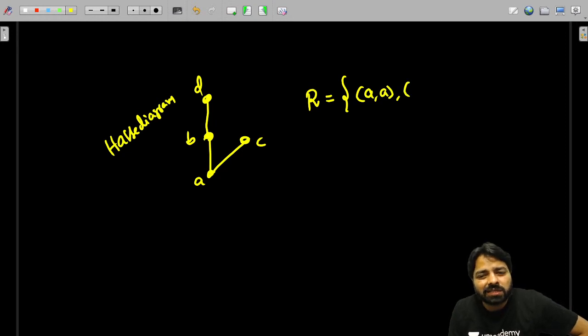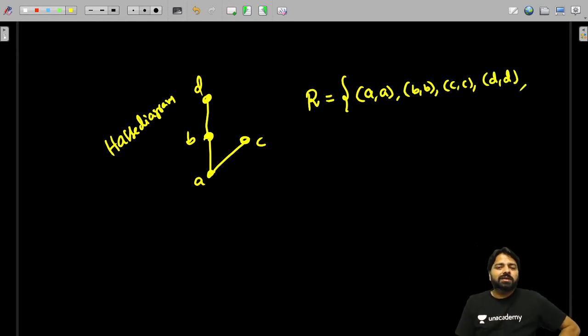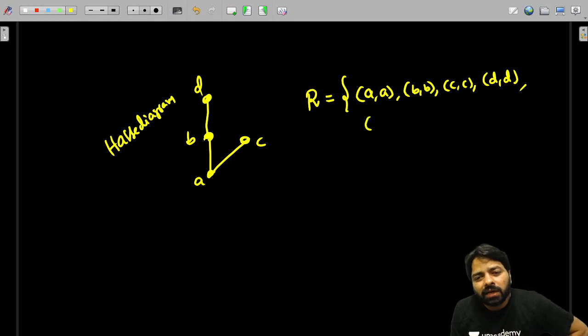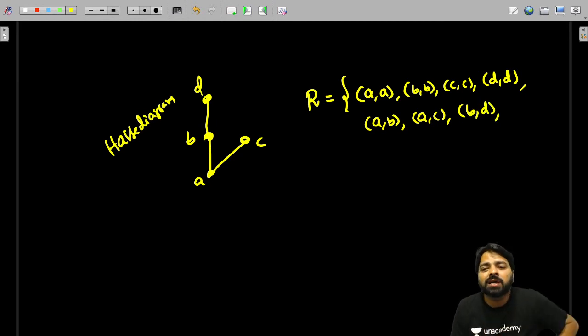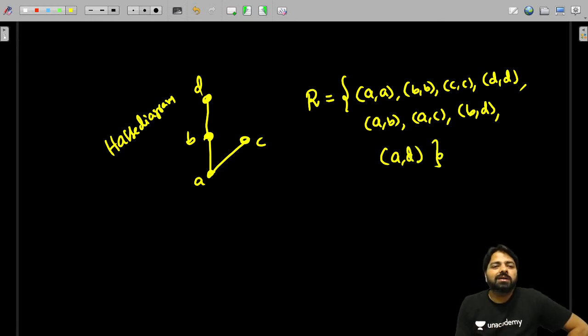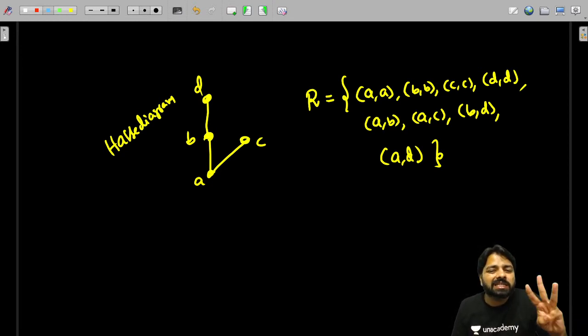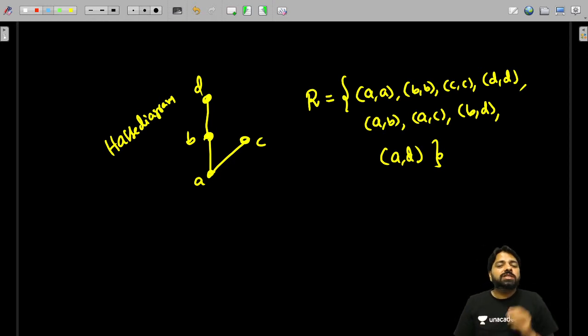All diagonal elements are there, no doubt about it, because every element is related to itself, but we don't draw any edge. That is trivial. And another one, A comma B you can see, A comma C you can see, B comma D, but there is something not visible, that is A comma D. That is a transitive edge. And how many pairs are there? 8 pairs are there. So 3 edges can represent 8 pairs.